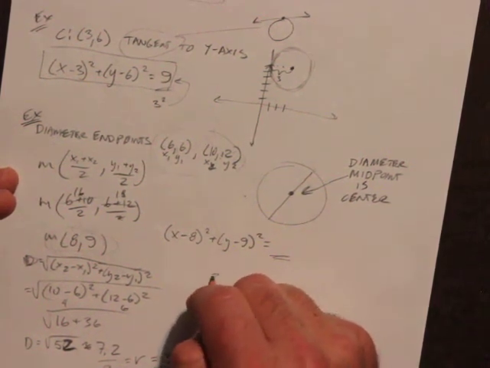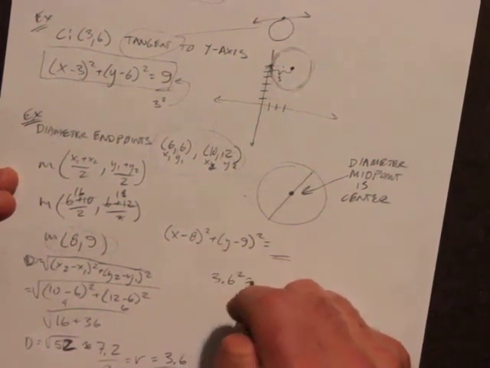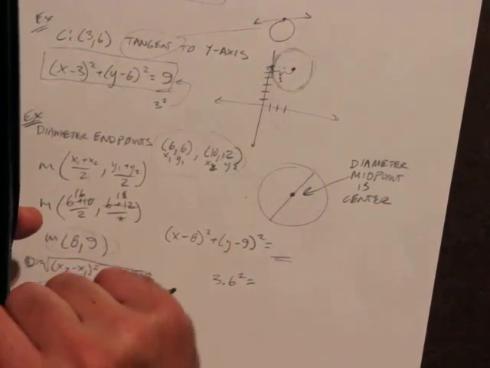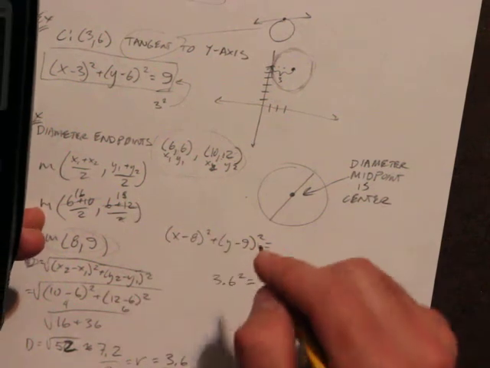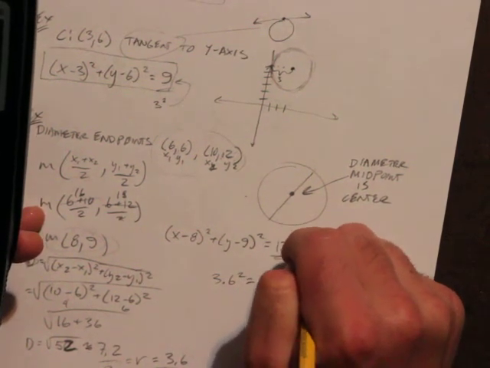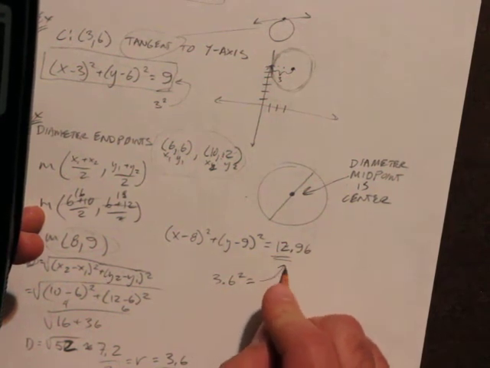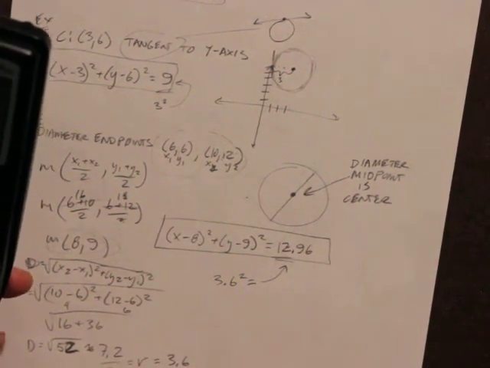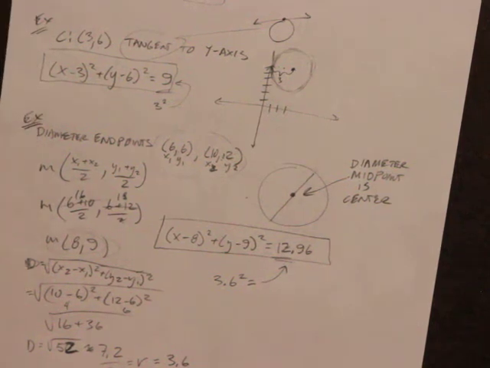So 3.6 squared equals 3.6 times 3.6 equals 12.96. And that is your answer for that one. Kind of gross, but it's okay.